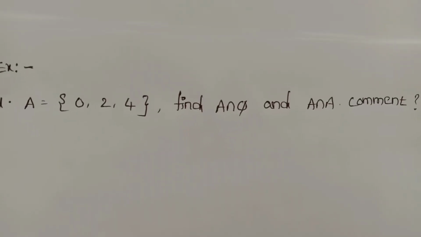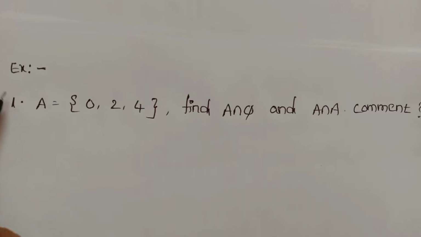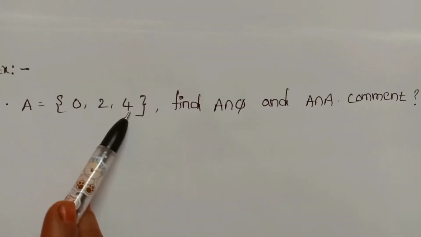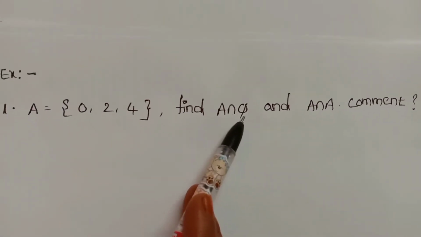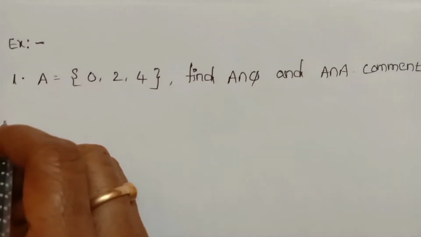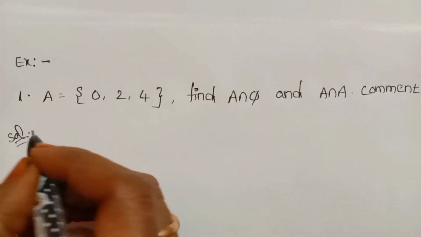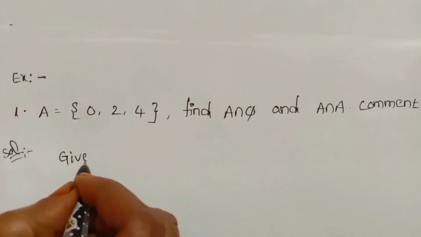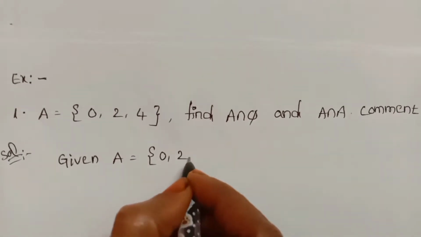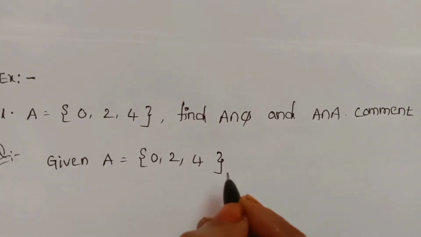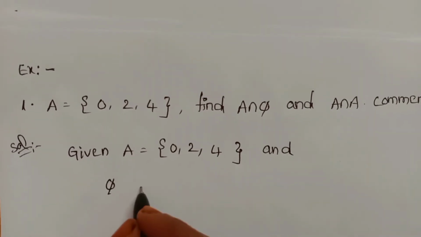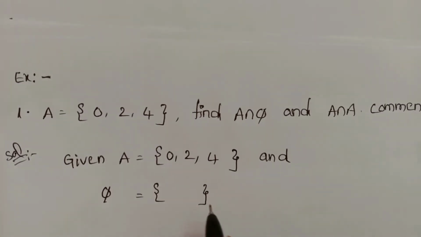Now I will explain the intersection with the help of an example. A = {0, 2, 4}. Find A intersection phi and A intersection A. Given A = {0, 2, 4} and phi. Phi means there is no element.